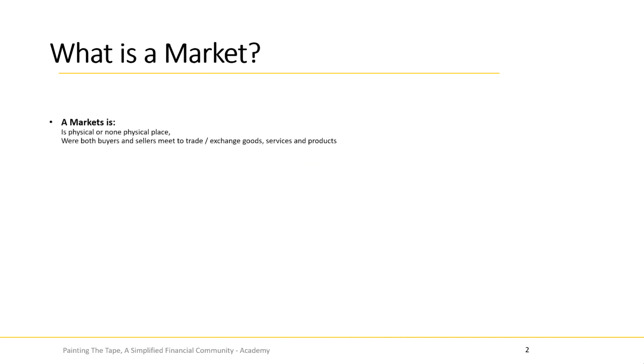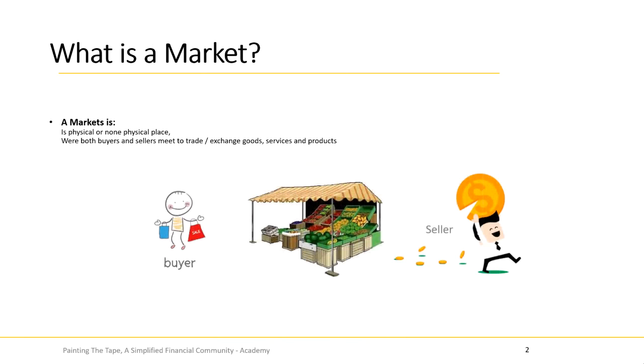When we ask ourselves, what is a market? Back in the old times, there was no money. Nobody knew what money was, there were no euros, no dollars, nothing. So how were people able to buy stuff? They met at the village, at the city hall, outside of the wall, or on trade paths.